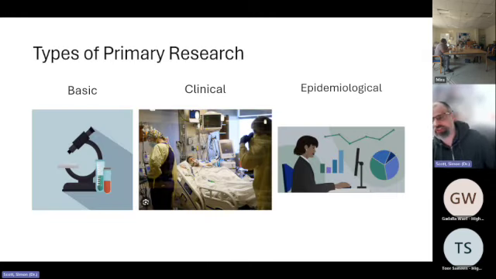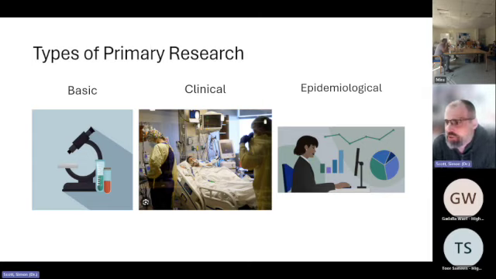So what are the types of research? Well, there are 2 types of research broadly, primary and secondary. Primary research is the data collection. Secondary research is the analysis of other people's data, essentially. And within primary research, you have 3 domains. You have basic sciences, which I've spent too many years doing at one point in my life.